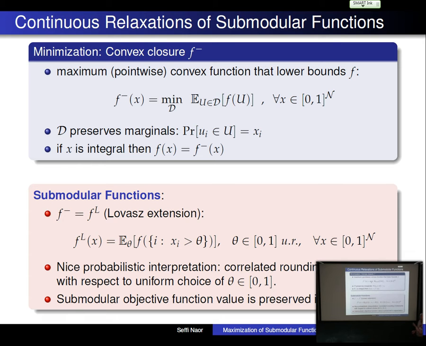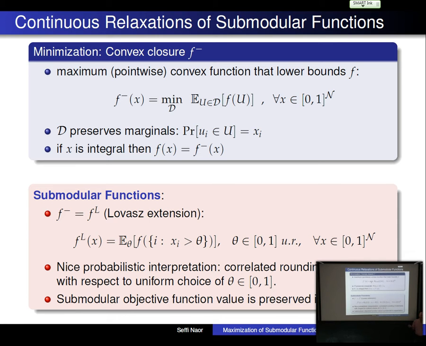Now, for a submodular function, the convex closure has a very simple interpretation. It's called the Lovász extension, and it says the following. Let's fix some value theta between 0 and 1. Some of the coordinates x_i are bigger than theta, some are smaller than theta.